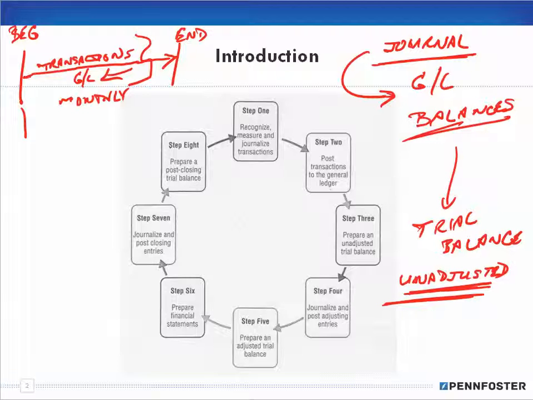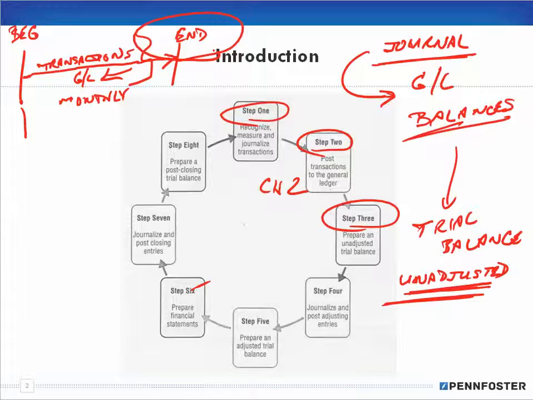So where we're at is we had gone through step 1, step 2, and step 3, and a little bit of step 6 as part of chapter 2. But now in chapter 3, we're going to step beyond that. We're at the end of the accounting period right now.